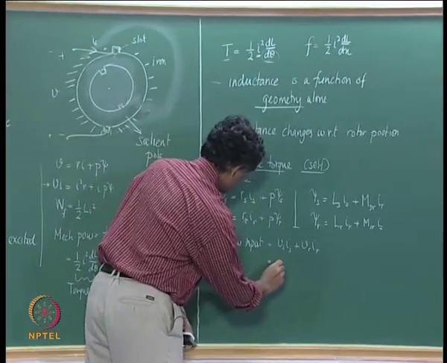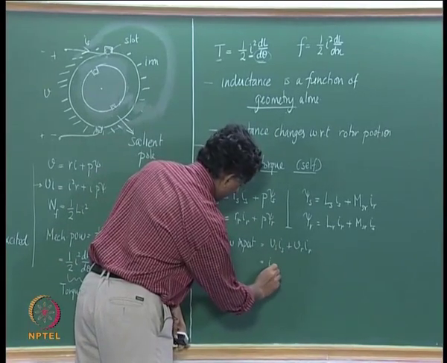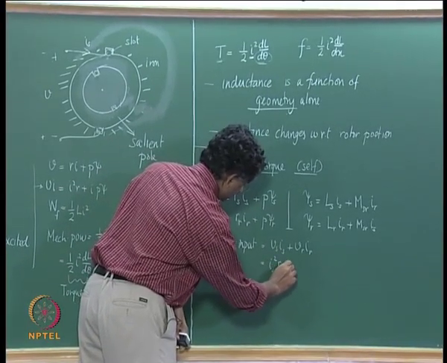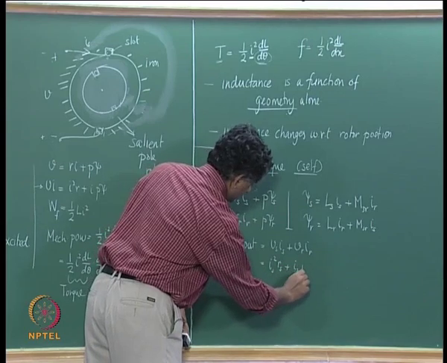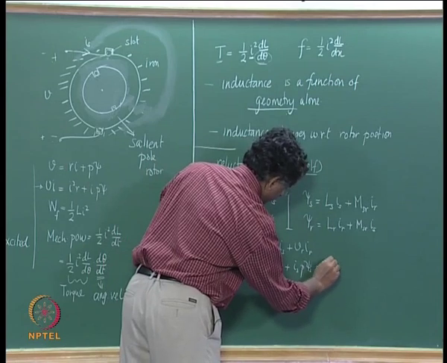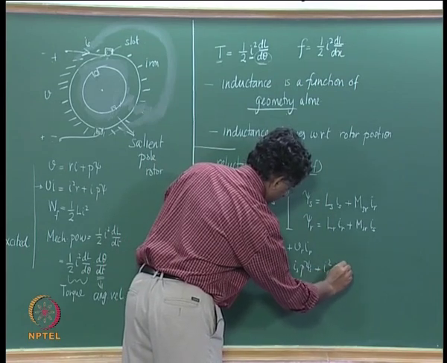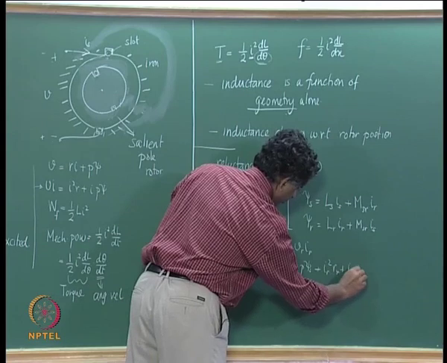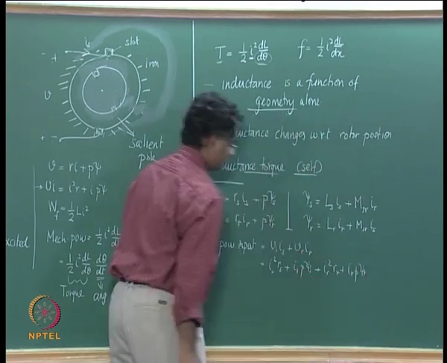If we expand this, this is then equal to Is square into Rs plus Is into P times psi s plus IR square into Rr plus IR into P times psi r.